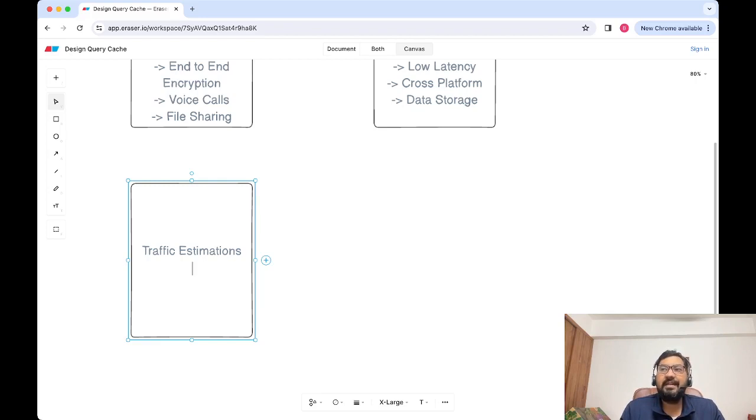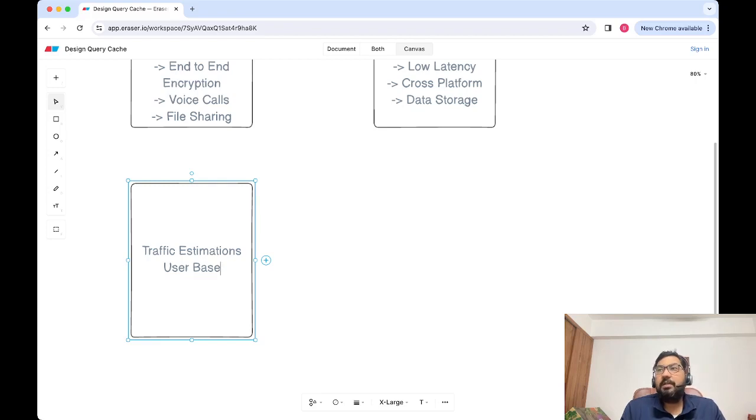Whenever we are designing a system, we need to benchmark some data saying how much traffic we are estimating on this particular platform at this point of time, so that we can consider all the design practices and talk about how much data, scalability or other factors we require. When we talk about traffic estimation, the first example is the user base.